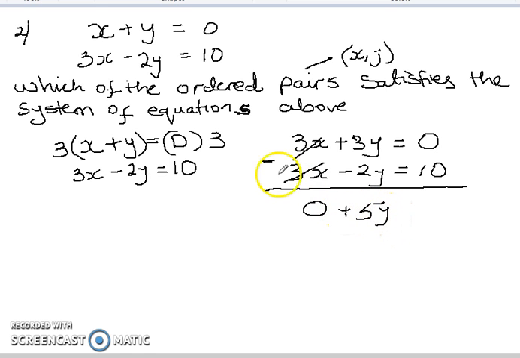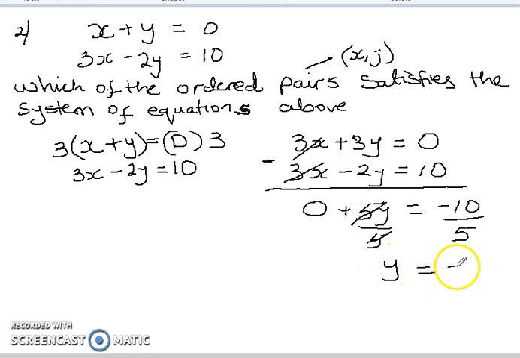Positive 5y, because the negative here will turn this negative into a positive. And then we'll subtract 10 from 0, and that gives us negative 10. So right here, we can solve for y by dividing the left side by 5 and dividing the right side by 5. And we have a value of y is equal to negative 2.